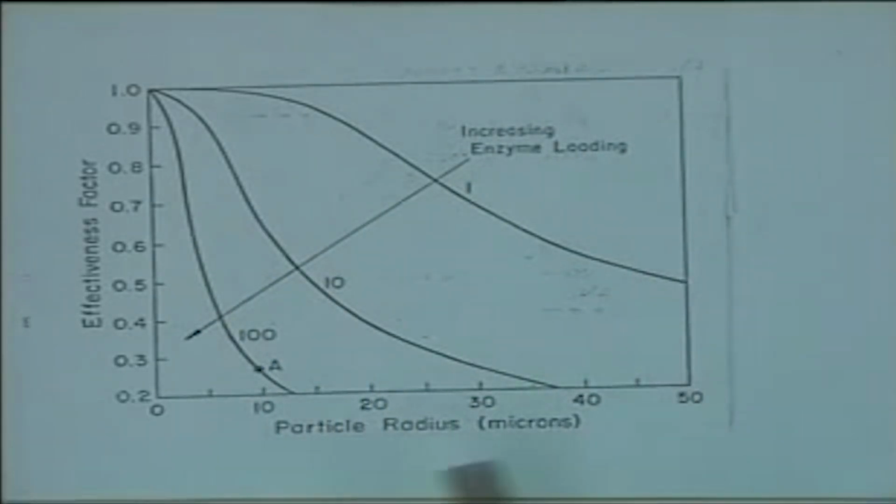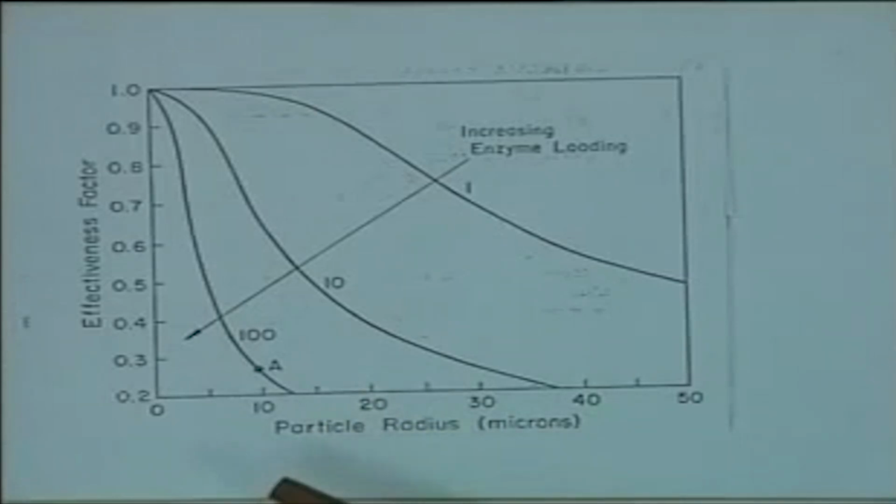So why is it so? As I mentioned, increasing enzyme loading increases phi, the Thiele modulus. The numerator in the Thiele modulus is your K2, the true rate constant, which in the case of an enzyme reactor is K2E0 upon Km in the case of first order, or in the case of zero order it is K2E0.